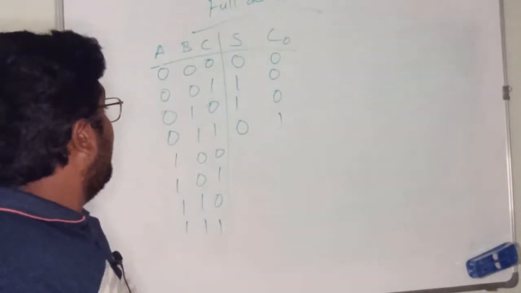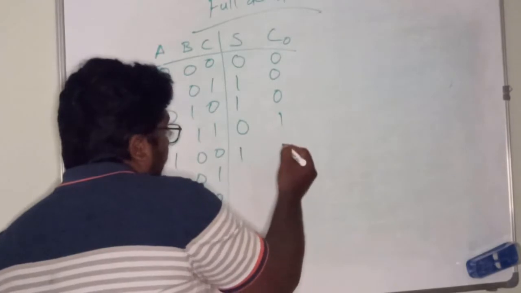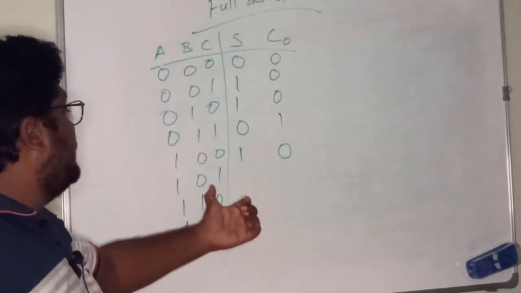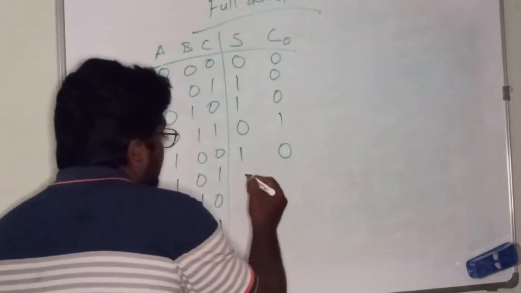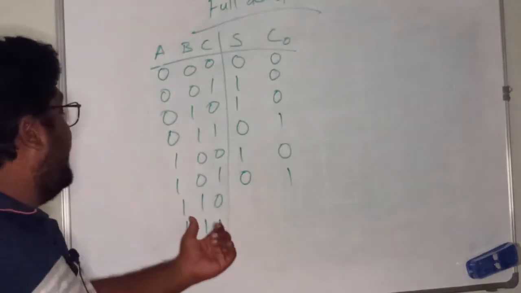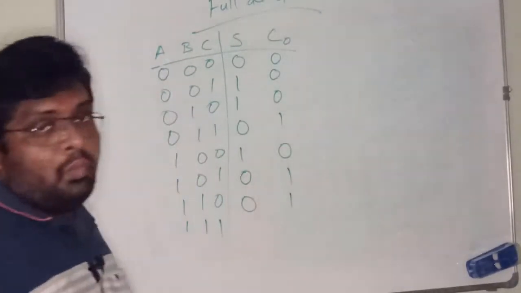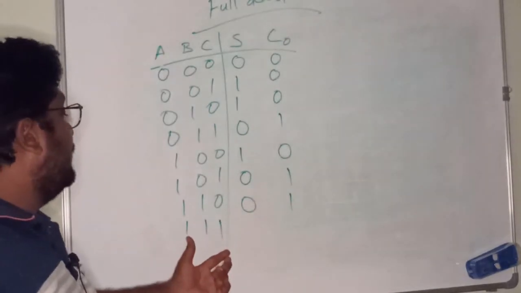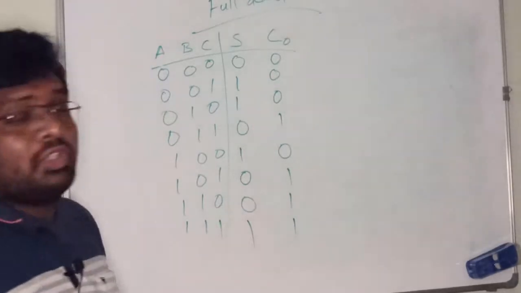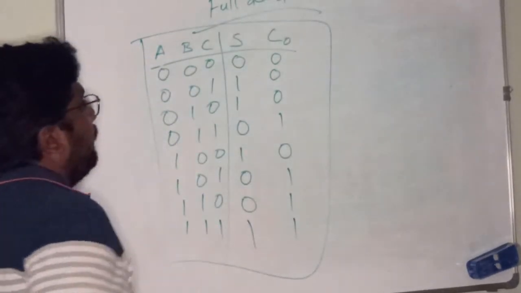When adding 1, 0, 0, sum will be 1 and carry will be 0. When adding 1, 0, 1, sum will be 0 and carry will be 1. While adding 1, 1, 0, sum will be 0, carry will be 1. And when adding all three 1, 1, 1, sum will be 1, and the carry will also be 1. So this is the truth table for a full adder.